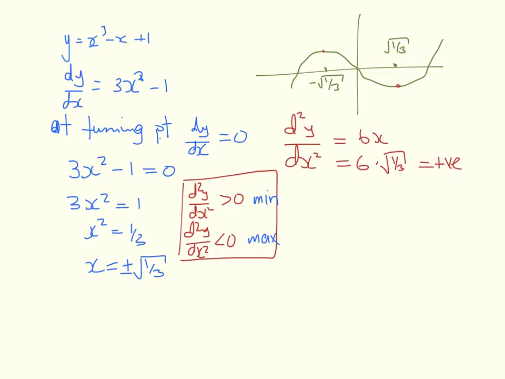Now, they asked me to find the coordinates, didn't they? So I've already found the x value at that turning point. How do you think I might find a y value? Just a quick guess. Substitute the x value into the original equation maybe, and that gives me the y value.